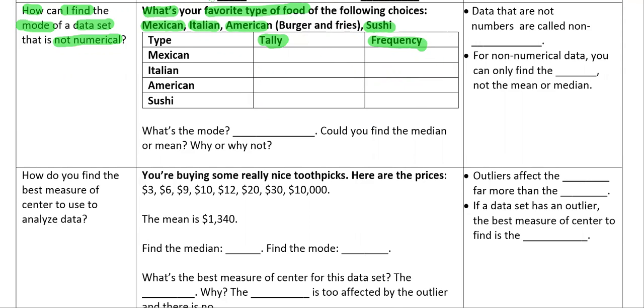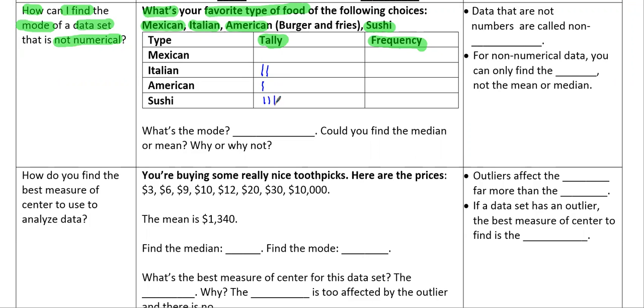choice came up. So let's start with Sienna S., who said pizza. So I'm going to count that as Italian. And then Sophia, she said Italian as well. Mackenzie said American. Kaylee said sushi. Lorelei said sushi.